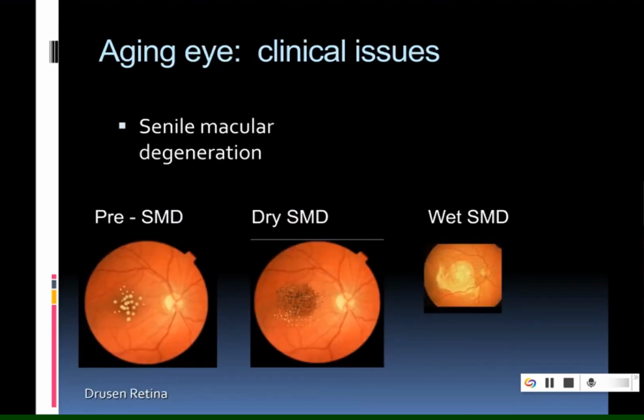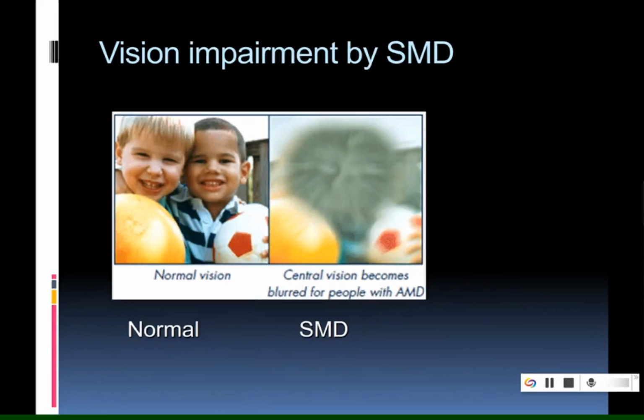There's also senile macular degeneration, and there's the so-called wet exudative senile macular degeneration versus the dry, which is more prevalent. And you can see, again, central vision becomes blurred with people with senile macular degeneration.